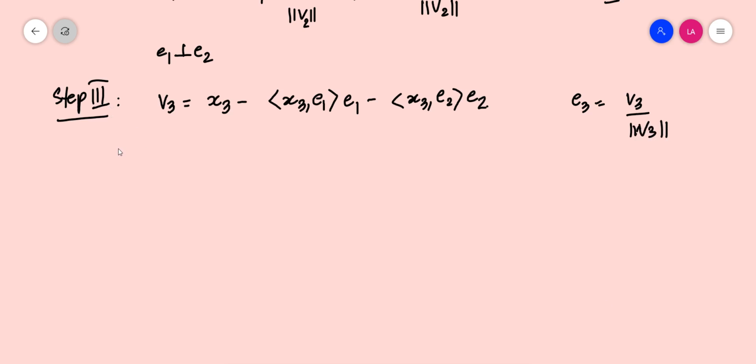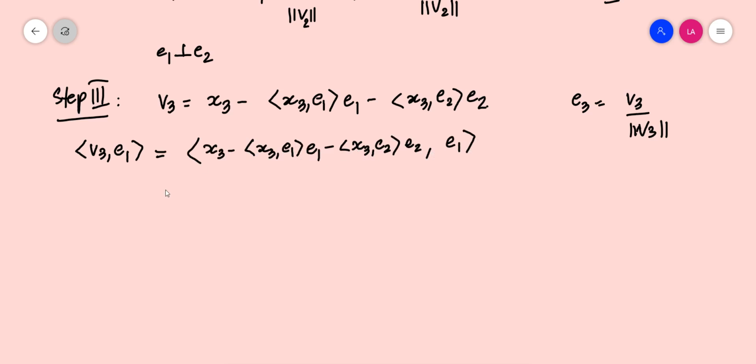Now we will prove that v3 is orthogonal to e1 and v3 is orthogonal to e2. So inner product v3, e1 is equal to inner product x3 minus inner product x3, e1 times e1 minus inner product x3, e2 times e2, comma e1.